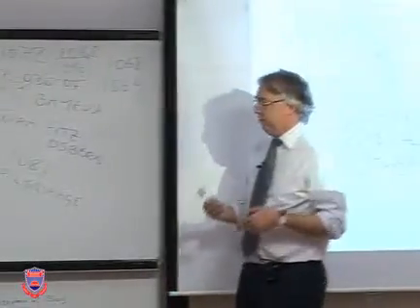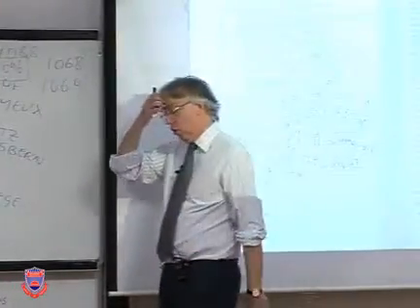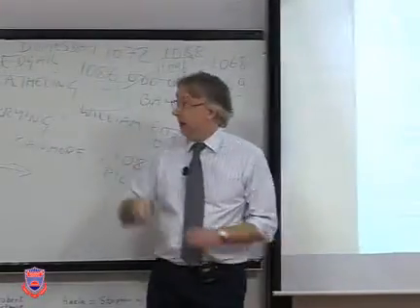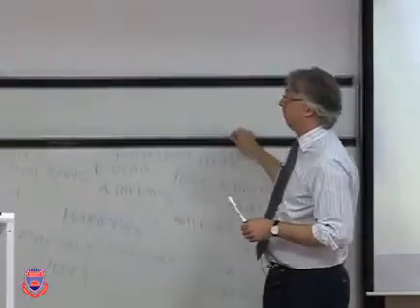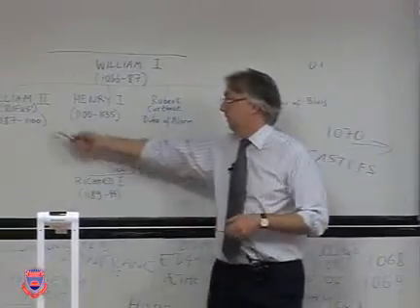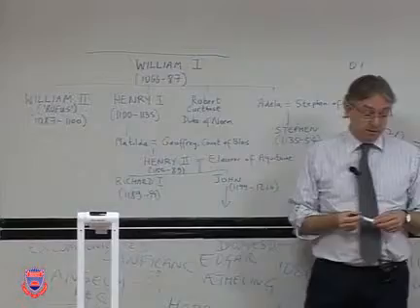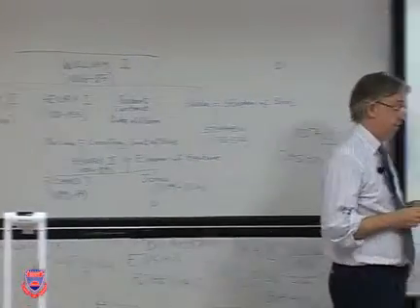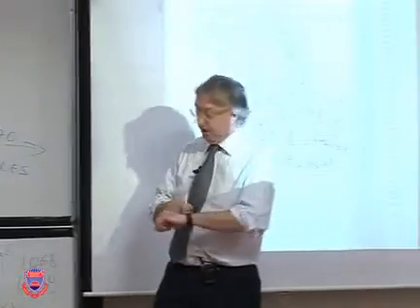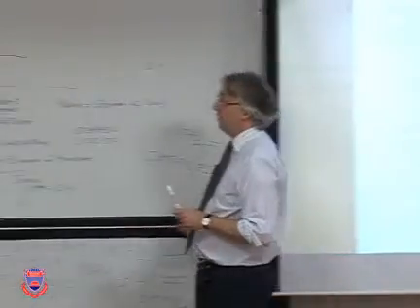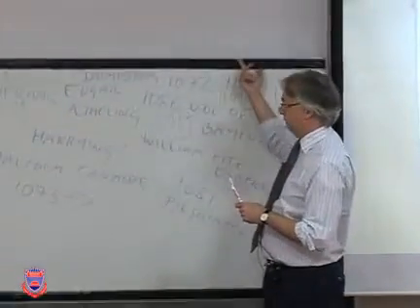So we've got a situation where William is indirectly controlling Normandy while his brother's on crusade, but then unfortunately he gets killed, and things change even further. I haven't got time to go into that now. The story of his death is slightly controversial.